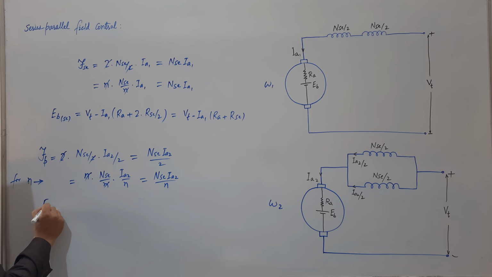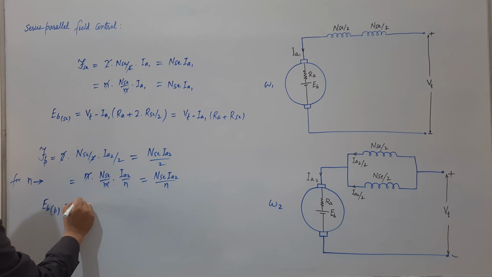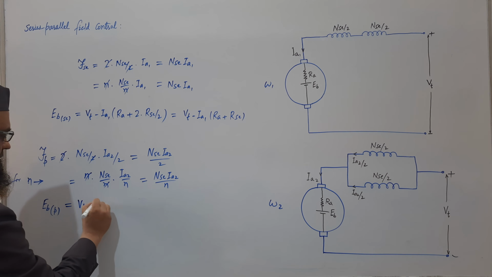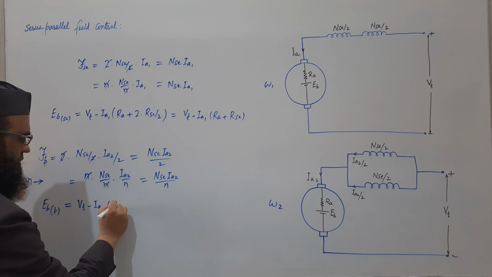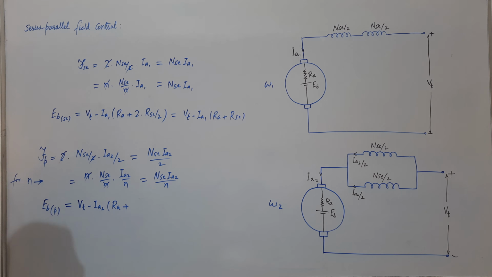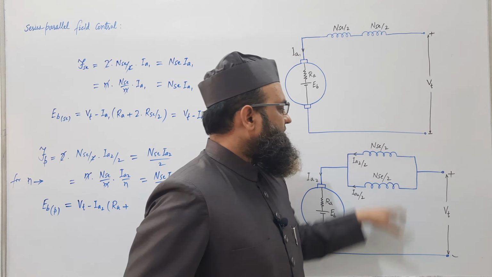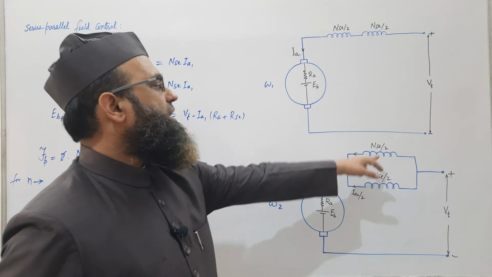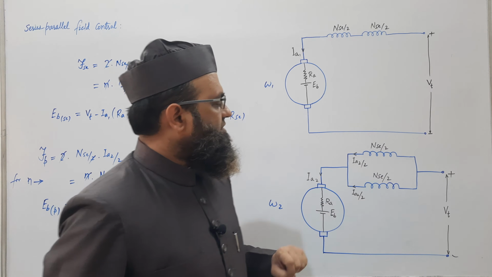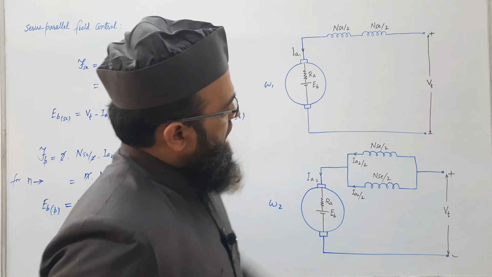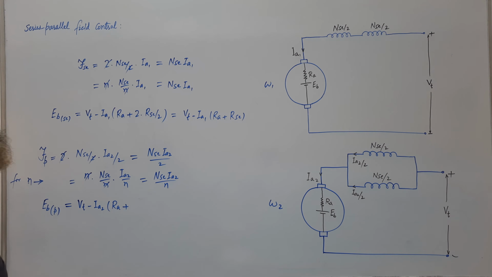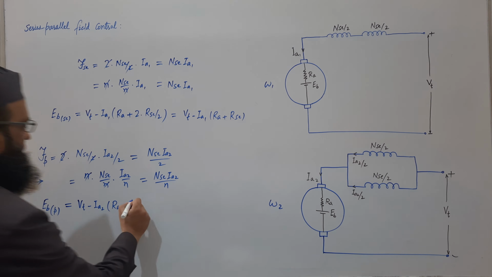Corresponding back EMF, EBP, will be equal to, again applying KVL, Vt minus Ia2 times Ra plus the equivalent resistance of this connection. First take the simple case having two parallel paths: RSE by 2 in parallel gives RSE by 4.